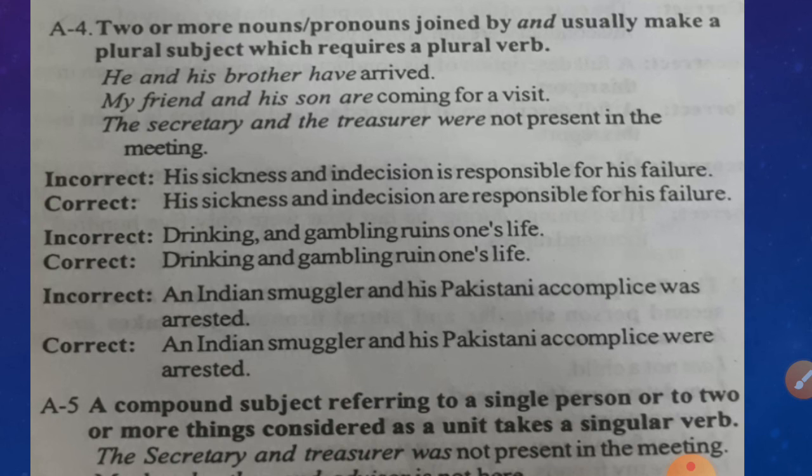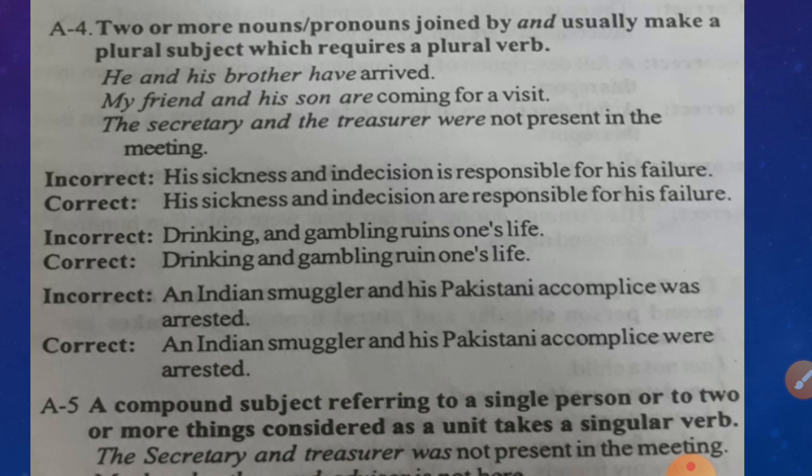His sickness and indecision is responsible for his failure. So as you know, this is an incorrect sentence, and how we can correct it is: his sickness and indecision are responsible for his failure. Drinking and gambling ruins one's life.